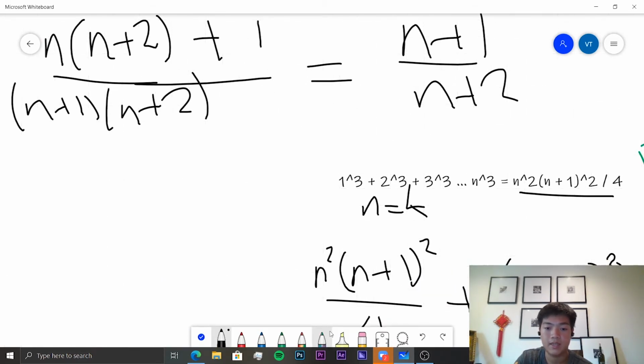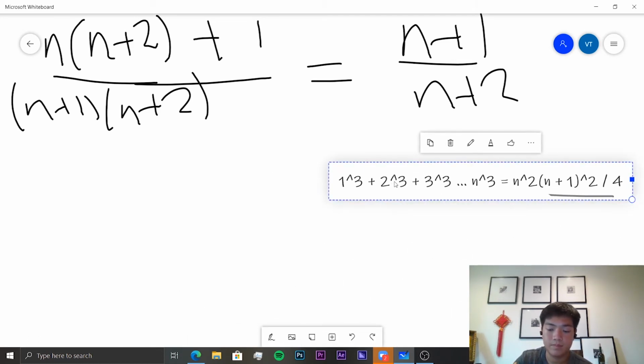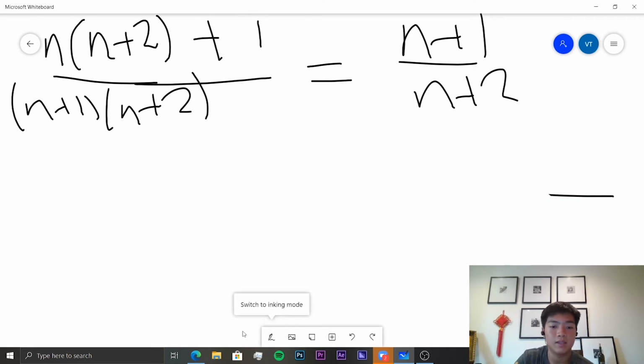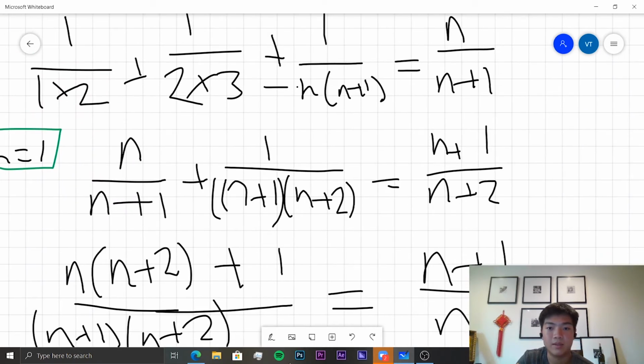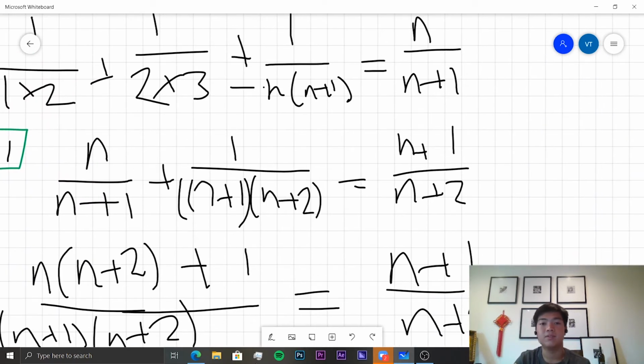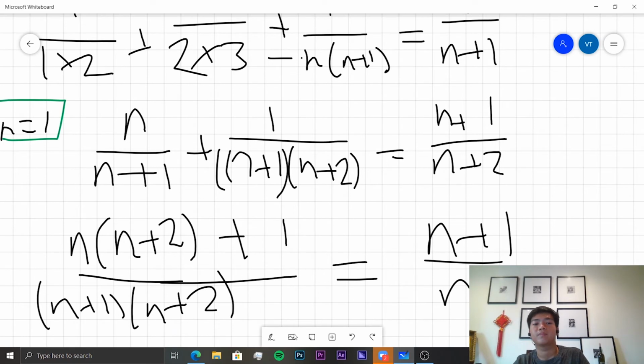So, oh, what's that? So this would be equal to, hold on, did I read this right? Yeah, plus 1 over n plus 1, n plus 2 equals n plus 1 over n plus 2.